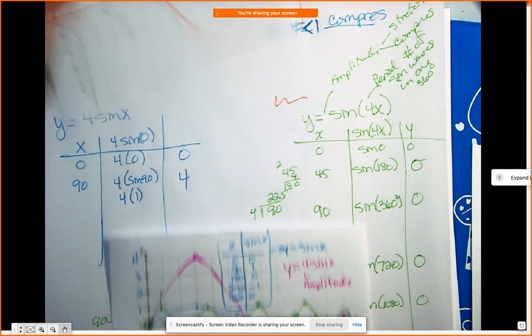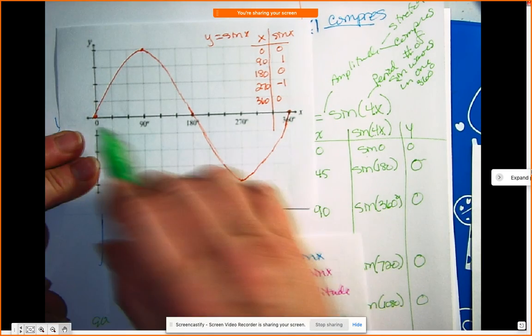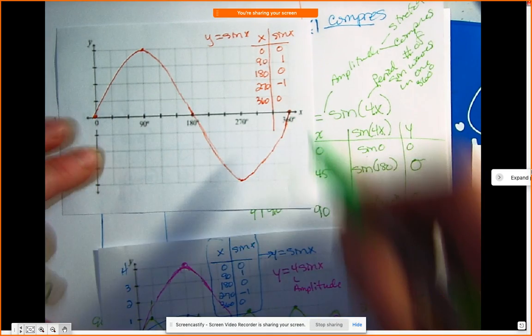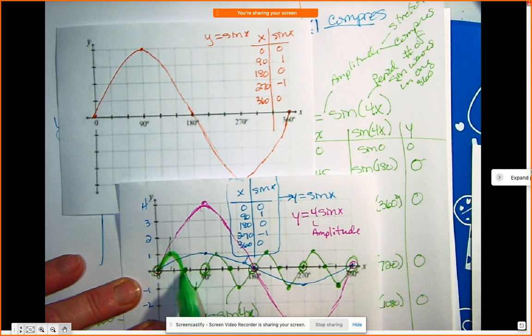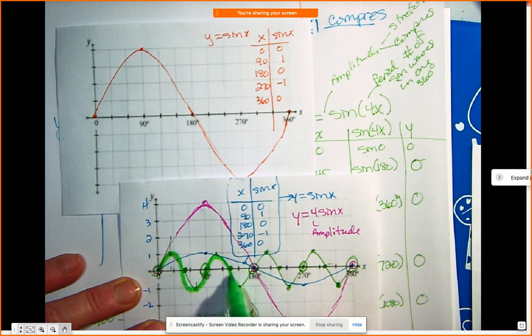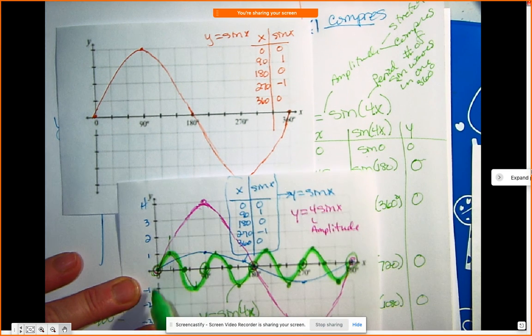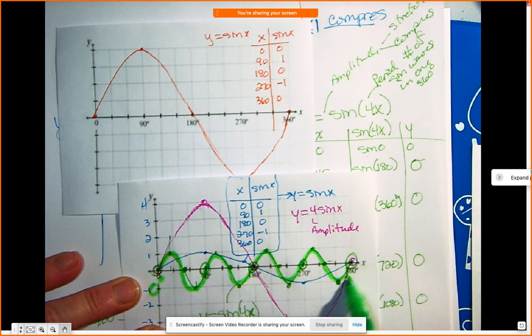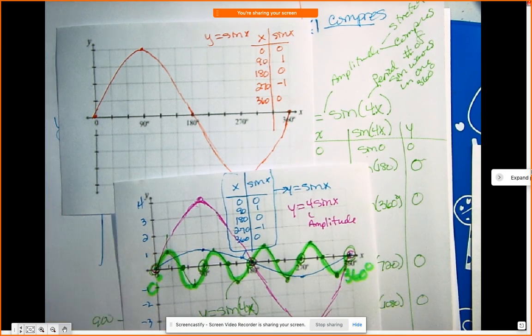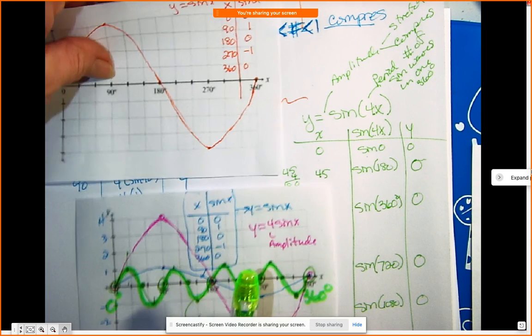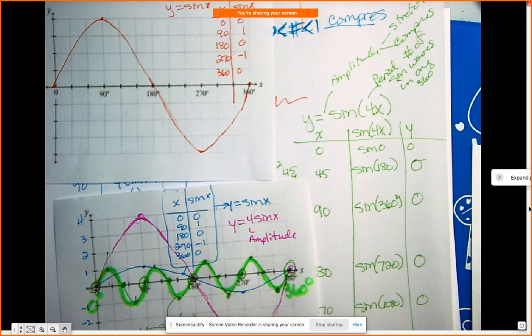When you look at it, a sine wave from 0 to 360 is 1 up and 1 down. So here we have 1, 2, 3, 4, all within 0 degrees to 360. There will be 4 sine waves. That's called the period. That is all we're doing today. Let me stop sharing.